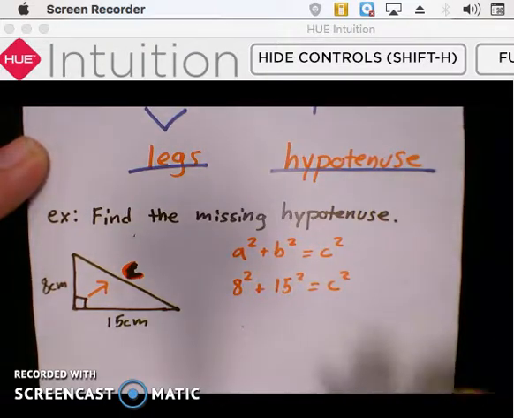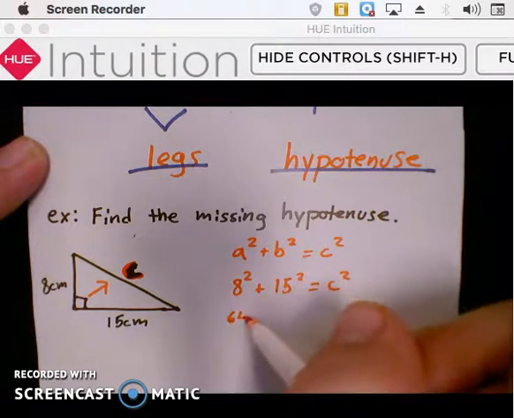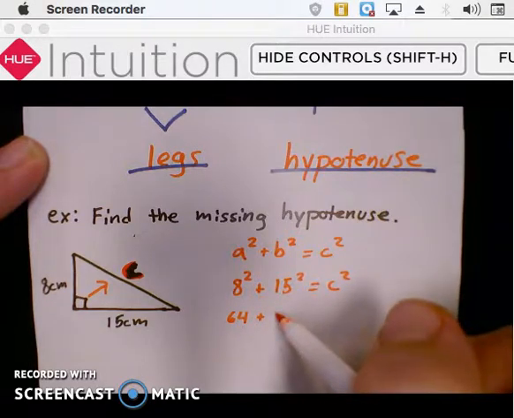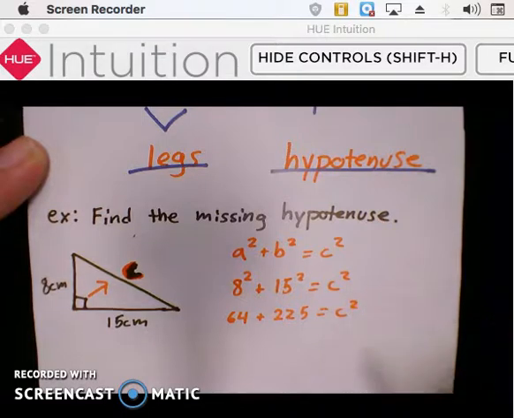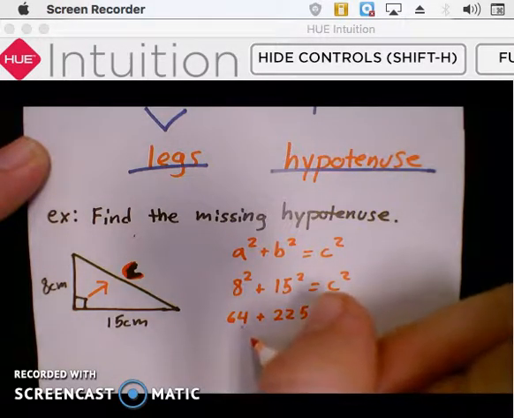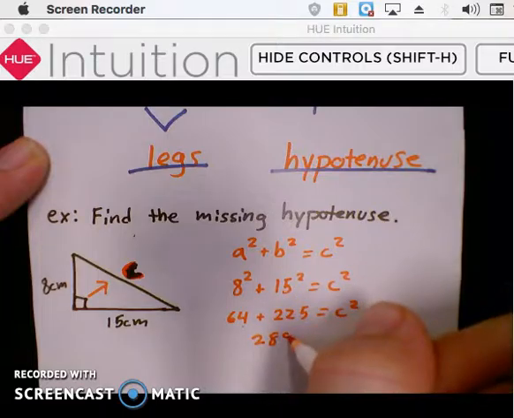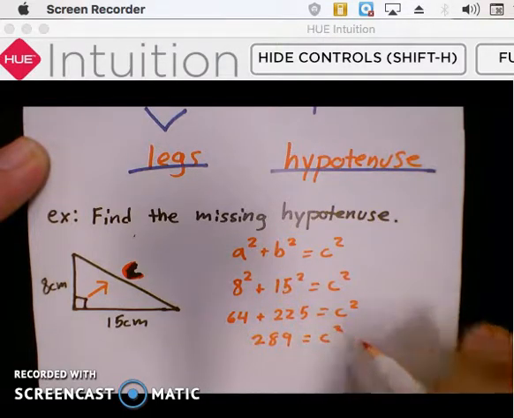It would not matter. Then I'm going to do 8 squared is 64 plus 15 squared is 225 equals c squared. Then I'm going to add 64 plus 225, which is 289. So now I have 289 equals c squared.